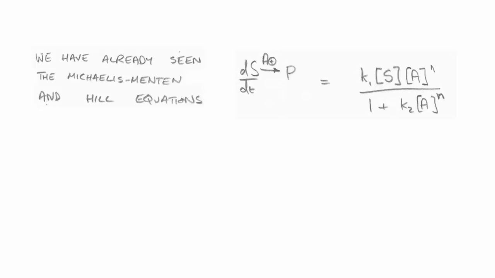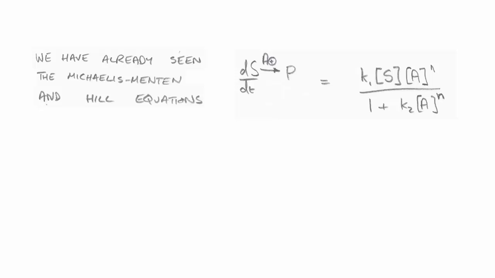Okay, so the final thing we're going to talk about on activation is modeling activation where you have saturation of the reaction rate. So that's a bit of a tongue twister. But we've already seen the Michaelis-Menten and Hill equations, which have this idea of reaction rate saturating at a maximum.